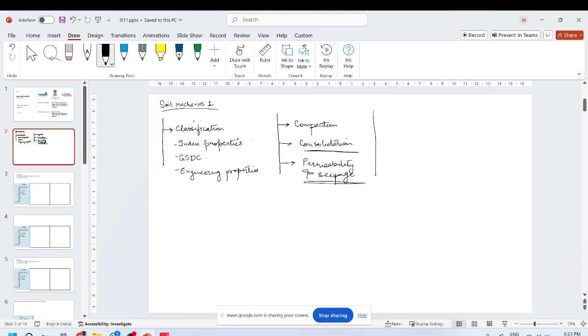Then we talked about stresses. First, we talked about stress at a point. We talked about stress below load.